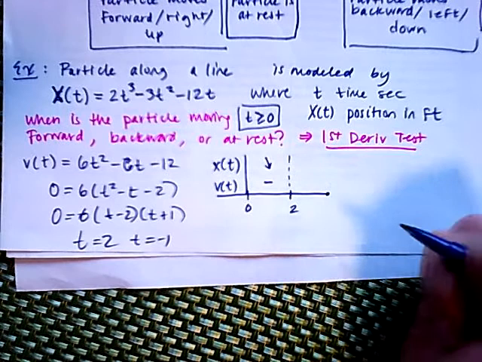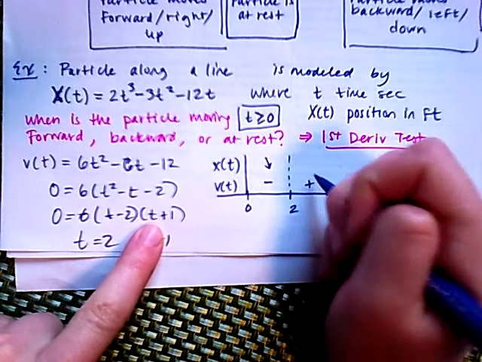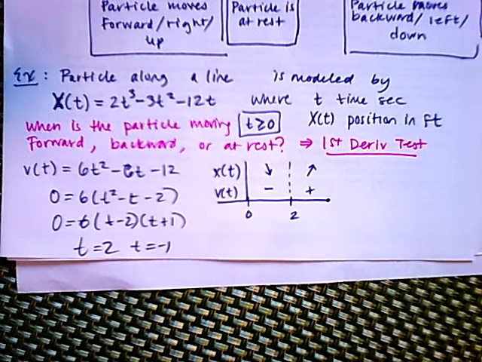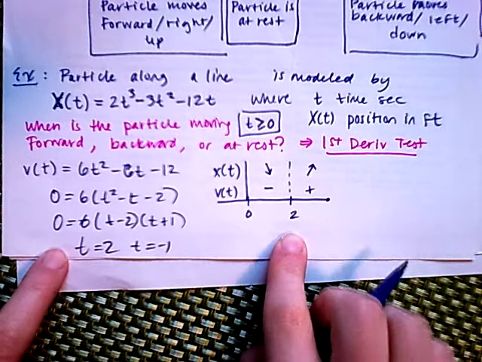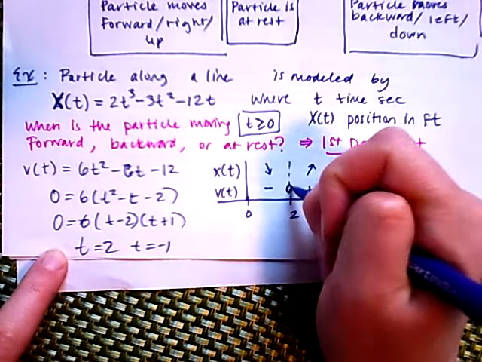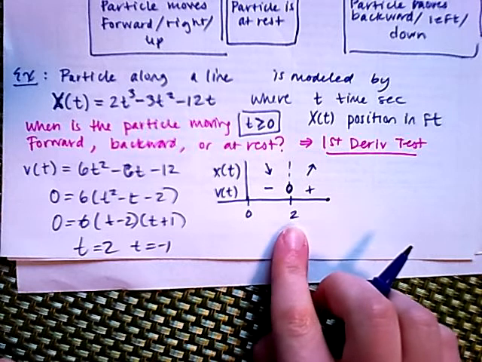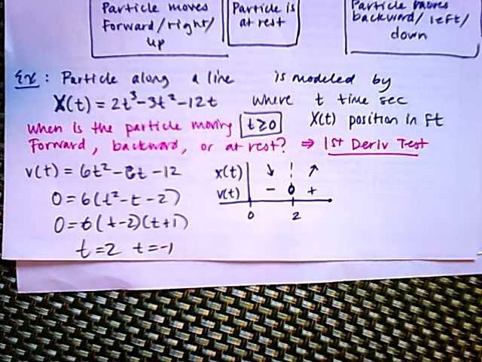And then if I plug in 3, I get something positive, so I know it's increasing. I also know I have a minimum there, but I don't really care. I do know that at 2 my velocity is 0, right? So that's telling me where my particle is at rest. It may not make sense, but it's at rest for an instant before changing direction.